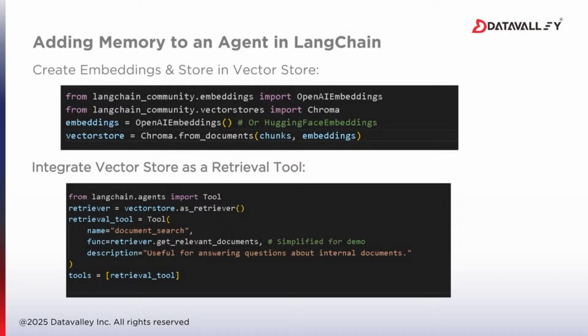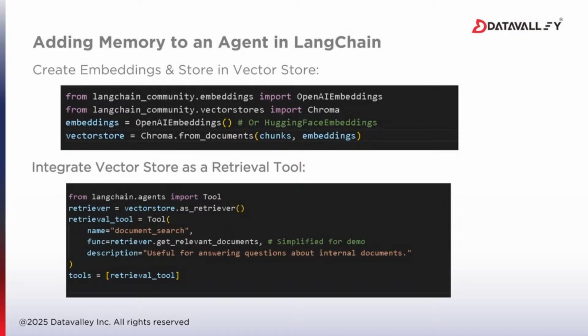Chroma is used to initialize a vector store, which means adding document chunks and their embeddings to the vector database. We use Chroma to initialize the vector store, and we import the embedding model from OpenAIEmbeddings. We can have various different models also to convert these things.